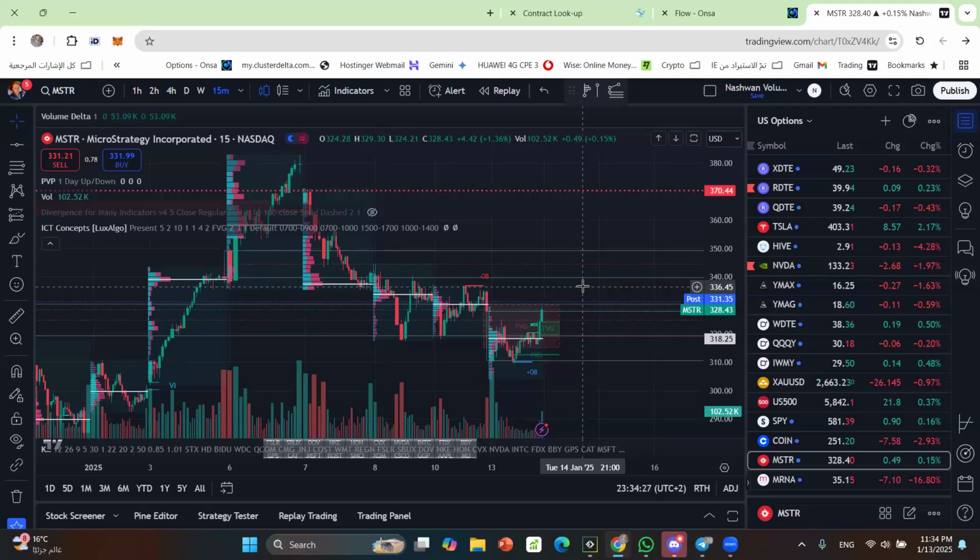So the only thing we can do at this position is to do credit strategies, getting the premium by the price closing below this level. That's it. This is everything we can do.